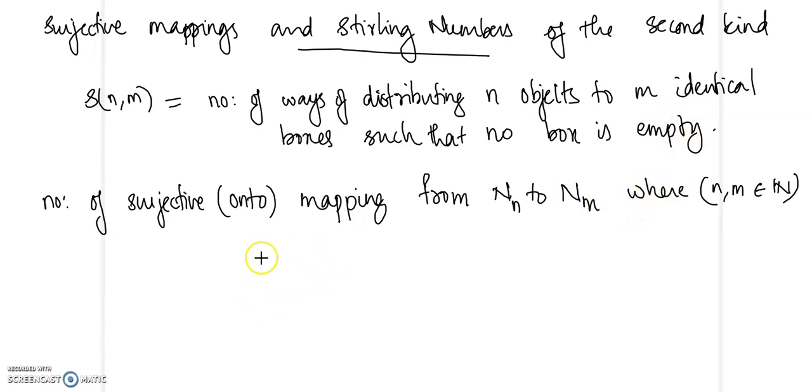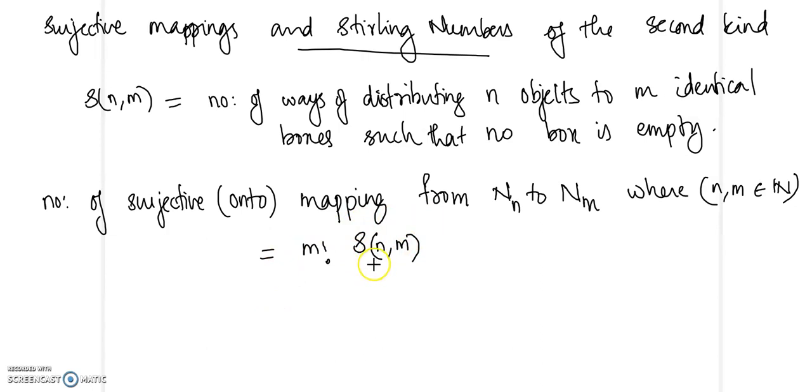So therefore the number of surjective mappings will be, since the boxes are distinct here, they can be arranged among themselves in m factorial ways. So that is m factorial into S of n m. So it is like the number of ways of distributing n objects into m different boxes such that no box is empty. So the number of surjective mappings is given by m factorial into S of n m.